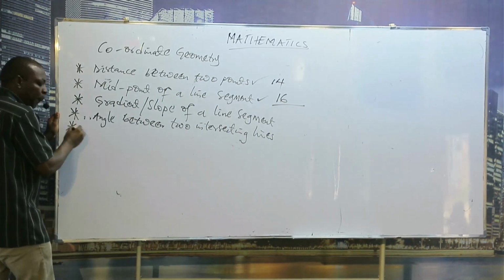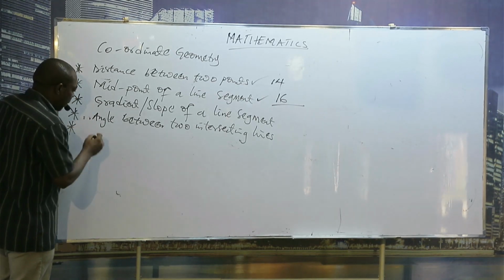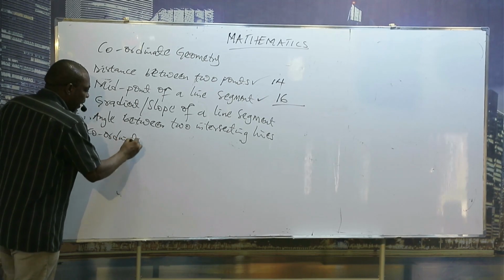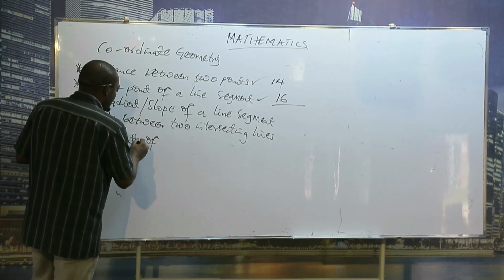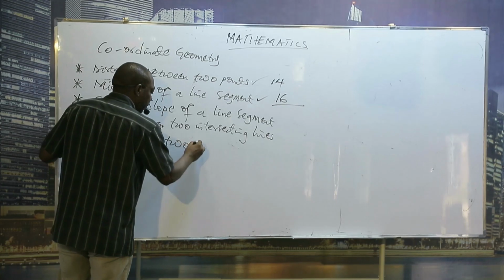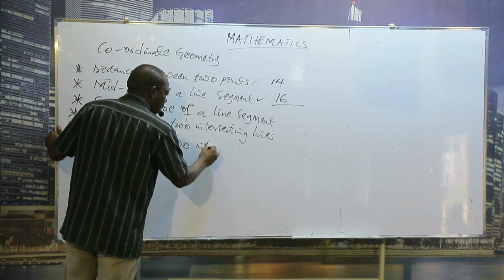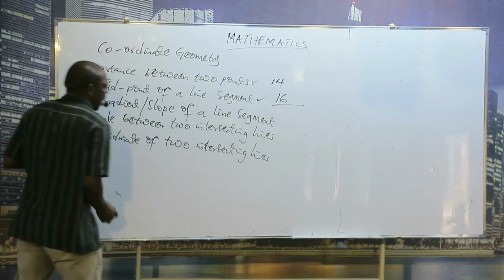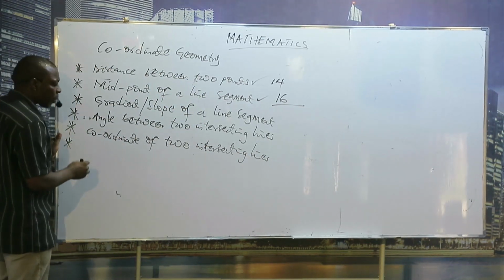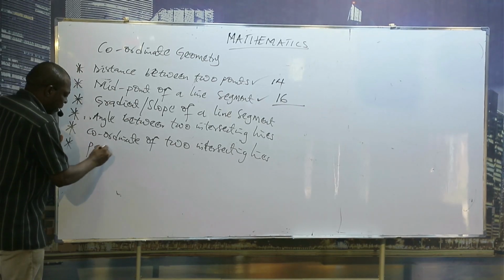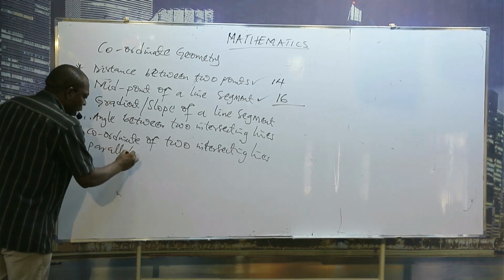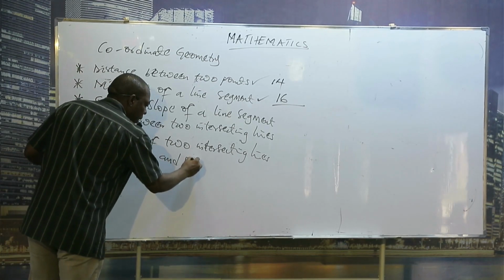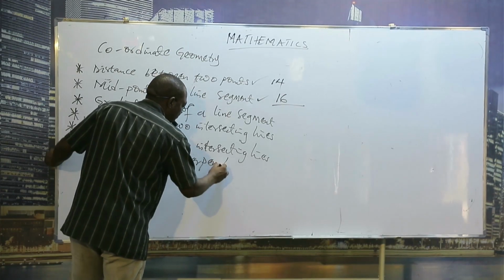Then the next one was the coordinate of two intersecting lines. What's the next one? The condition for two lines to be parallel and two lines to be perpendicular.